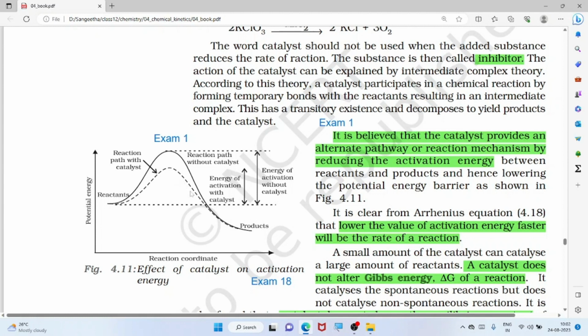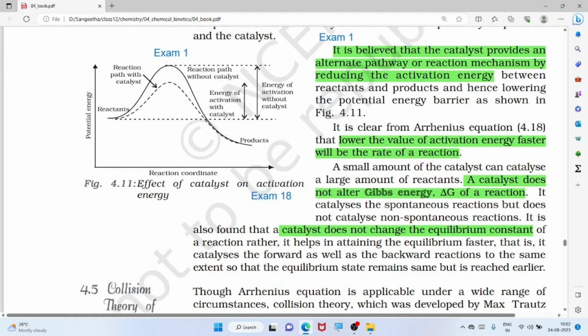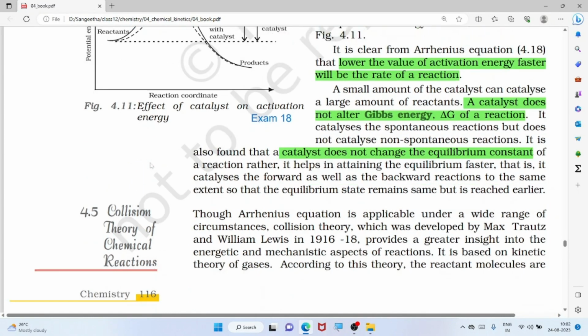It does not change the equilibrium constant, but it lowers the activation energy. You see, the activation energy is lowered by using a catalyst. It provides a different path for the reaction.